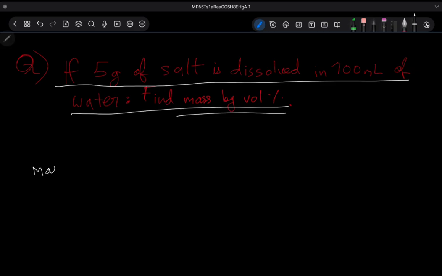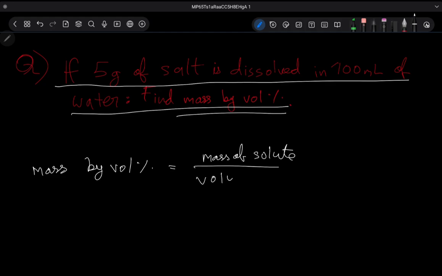So mass by volume percentage equals the mass of solute, in grams, divided by the volume of solution in ml, into 100.